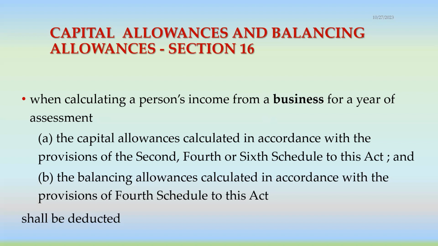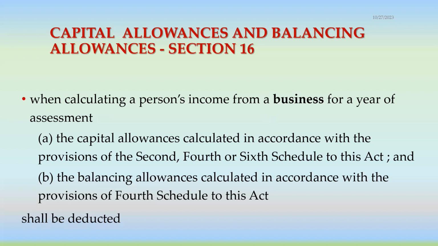Because of that, we have another provision to deduct that kind of expenses. That is section 16. Under section 16, we can deduct capital allowances. We have schedules in the Inland Revenue Act; at the end of the Act we have 6 schedules.